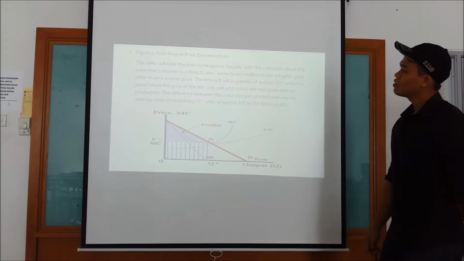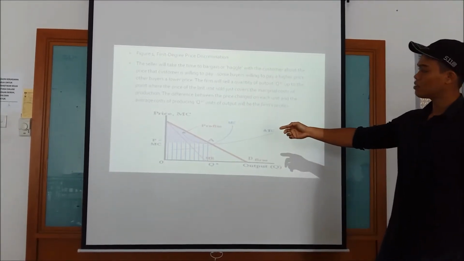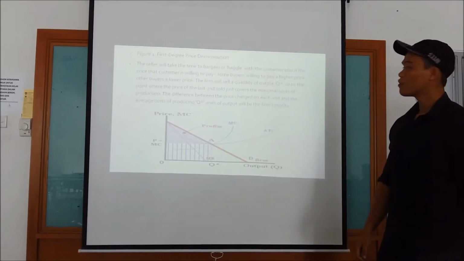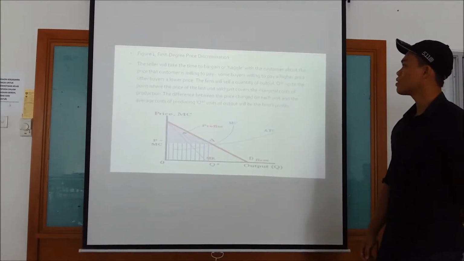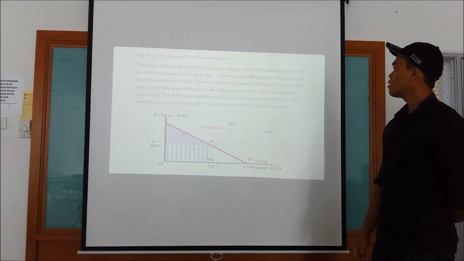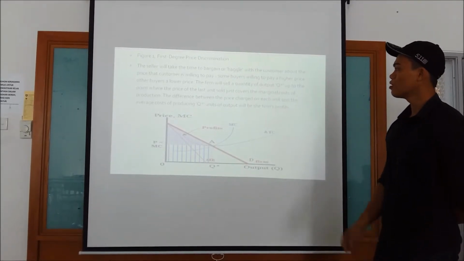Right, this is the figure for first degree price discrimination. As you can see, this is the graph. The seller will take the time to bargain or haggle with the customer about the price that the customer is willing to pay. Some buyers are willing to pay a higher price, other buyers a lower price.